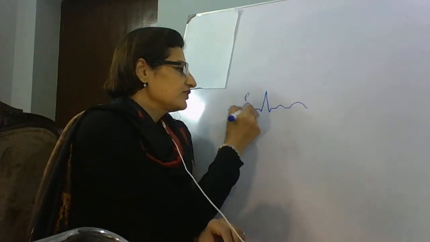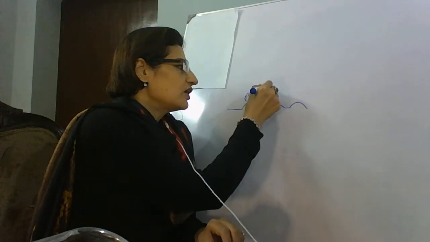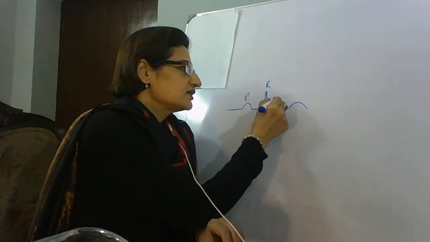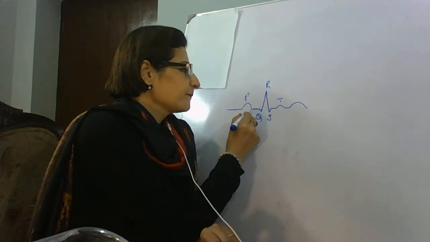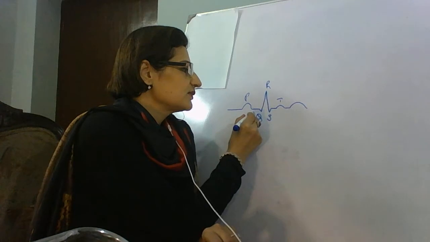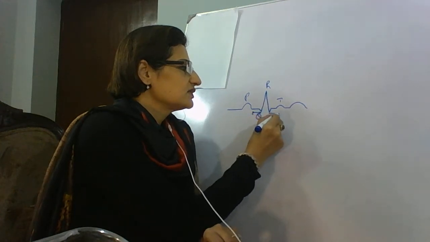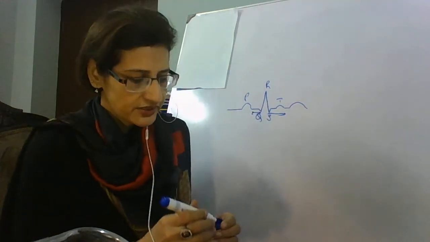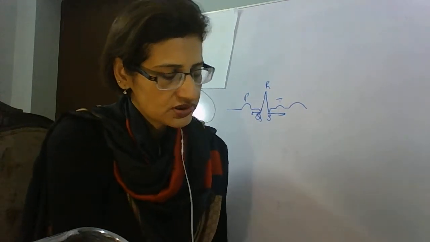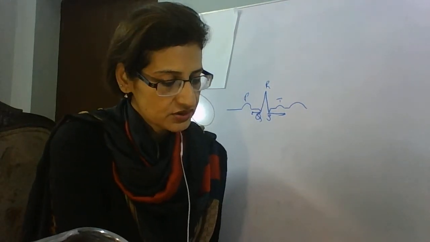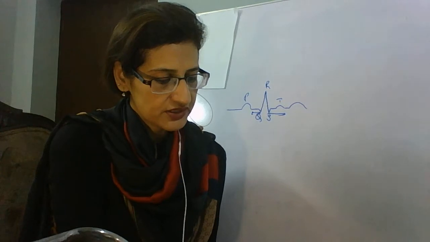So P wave, Q, R, S, T, right? So this is the PR interval and this is the QT interval. Right? So this is in short the graphic representation of an ECG.